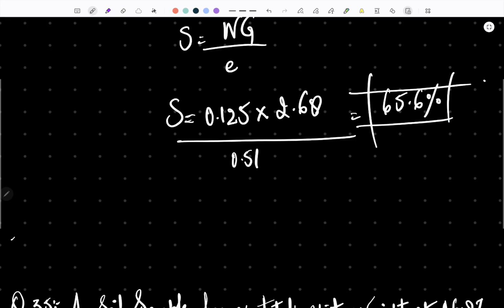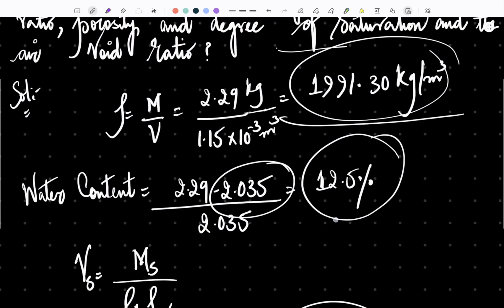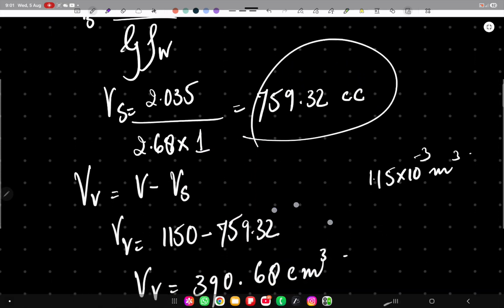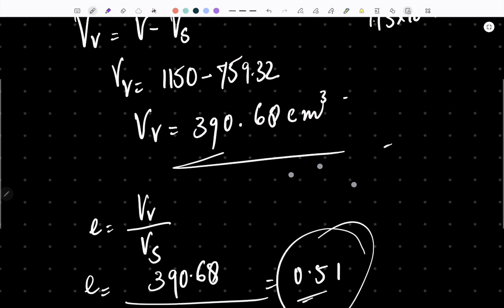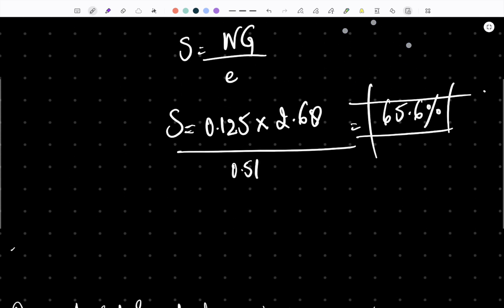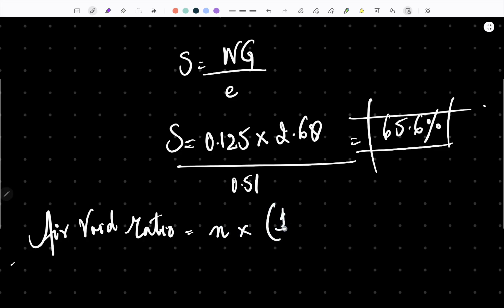All right. The last thing that we need to find is the air void ratio. Air void ratio is equal to porosity multiplied by 1 minus degree of saturation.